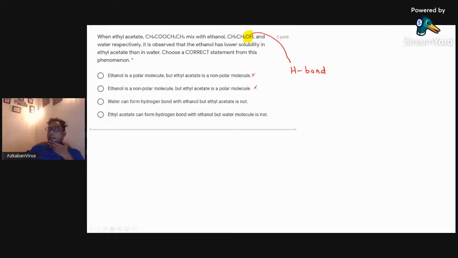Kenapa dia lebih larut dalam air? Sebab dia boleh buat hydrogen bond dengan water. So that's why lah jawapan dia ini. Dia lebih larut dalam air.